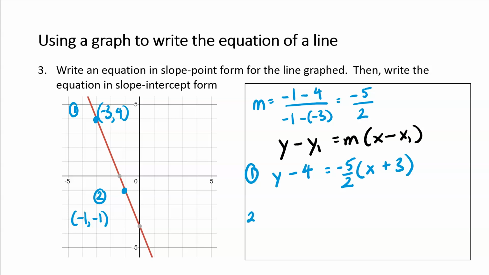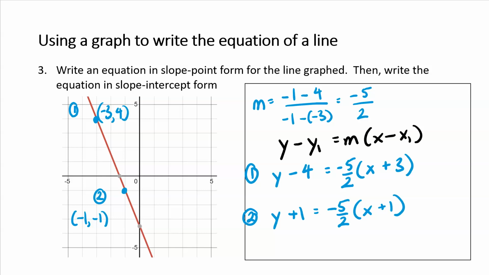If I decided to use point number 2, I can do that. Then my equation becomes y minus -1, so that's y plus 1, equals the slope of -5 over 2 times x plus 1. Basically, if your point is negative, in the brackets you write a positive.